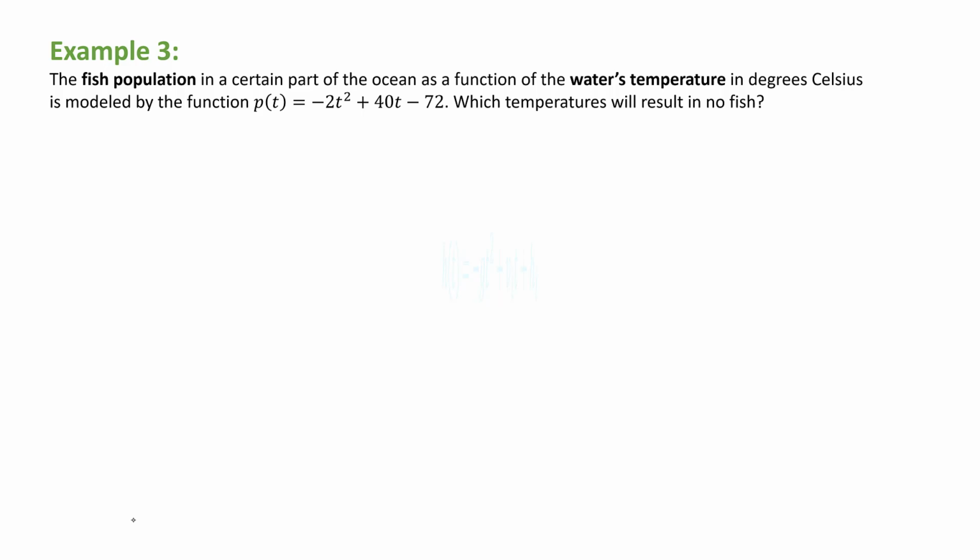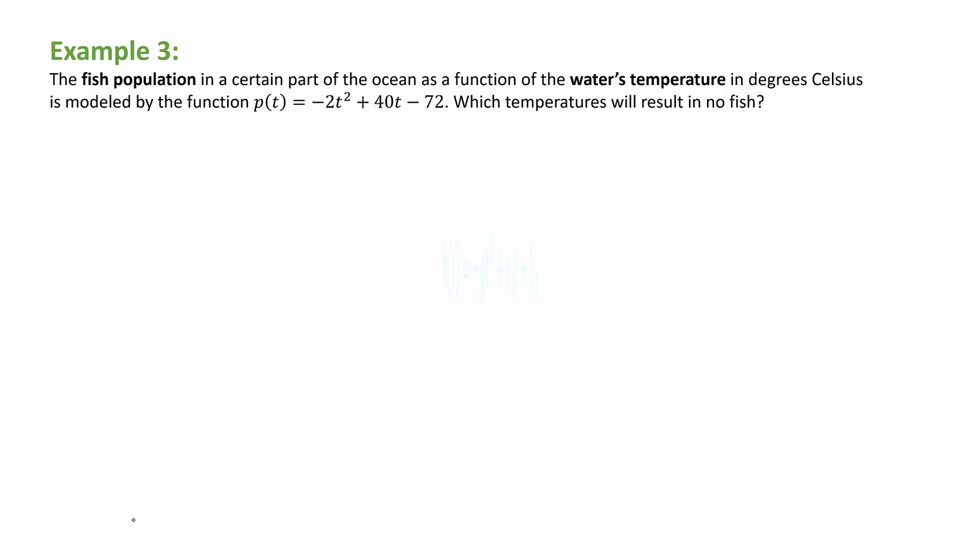It says, the fish population in a certain part of the ocean as a function of the water's temperature in degrees Celsius is modeled by the function p of t equals minus 2t squared plus 40t minus 72. Which temperatures will result in no fish?